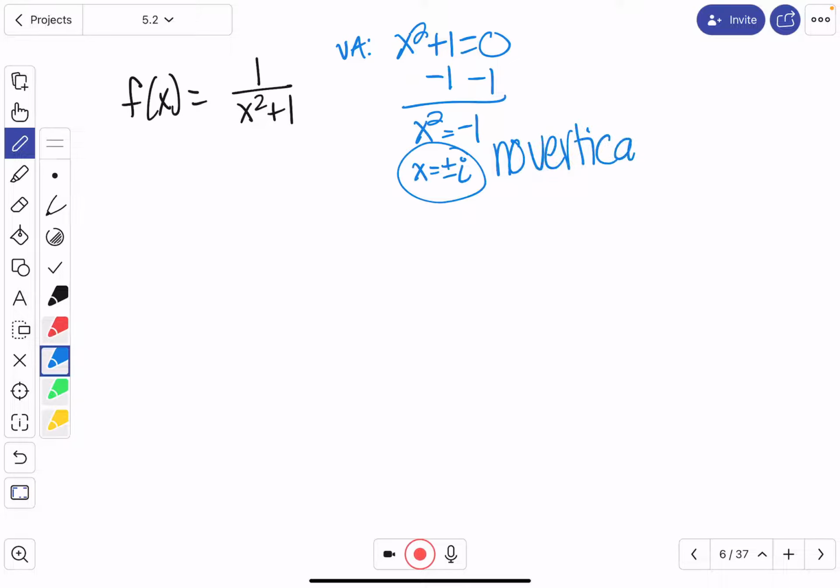Horizontal, on the top, our degree is 0. On the bottom, our degree is 2. 0 is less than 2, so our horizontal asymptote would be y equals 0 by that first rule.